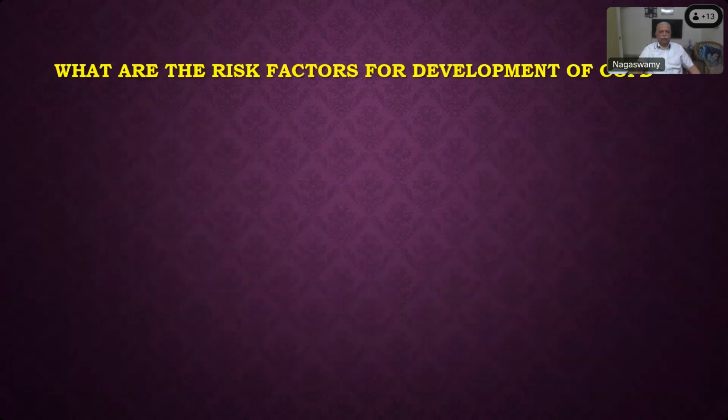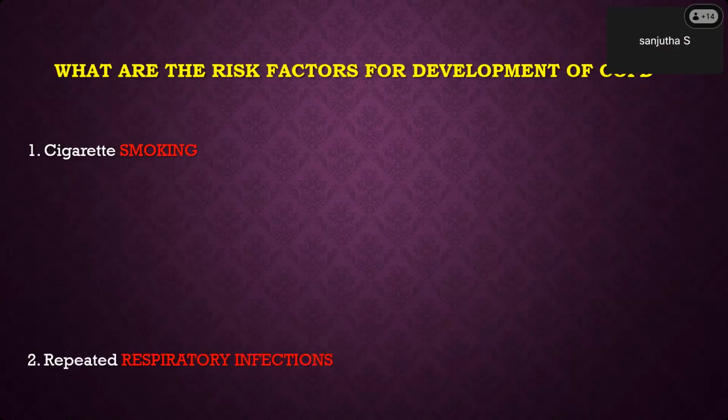Okay. Now, what are the risk factors for development of COPD, or what are the causative factors which lead to the development of COPD? Smoking. Smoking, very good. Cigarette smoking, excellent. First and foremost, a very, very common cause. Then firewood cooking. So you mean some pollution, okay? Yes.